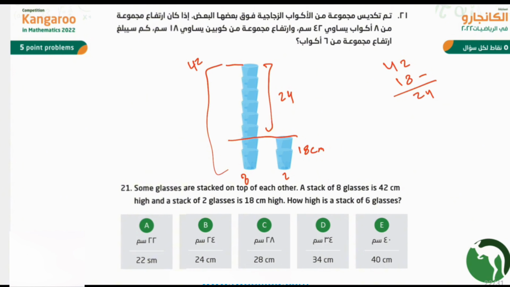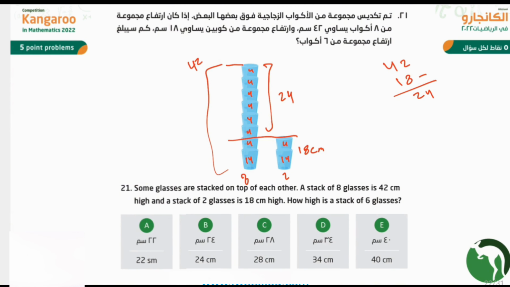And here we have 6 glasses, so if we divide 24 by 6, we will have 4 for each one of them. If this one is 4 and here we have 18, so the first one will be 14, because the first one will be the longest one.